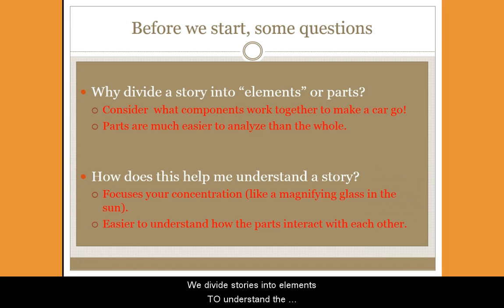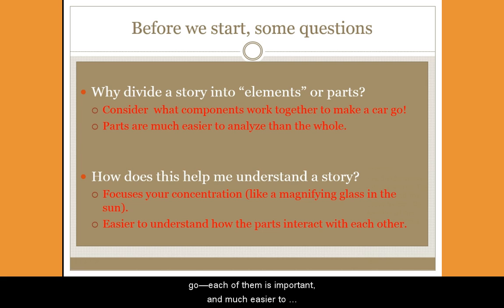We divide stories into elements to understand the story better. By looking at the elements individually, the reader can more easily examine how each one works in the story, as well as in relation to the other elements. Consider the car engine. There are many parts under the hood that make a car go.